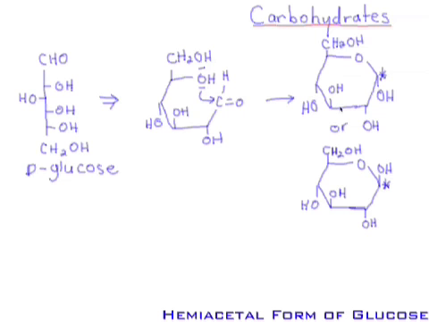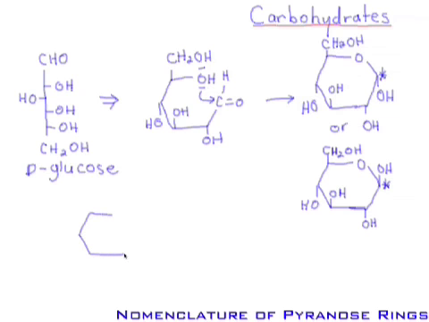Now, one of the problems we have is how are we going to designate this D-glucose molecule? That is, if the open chain Fischer is called D-glucose, what do we call the ring structures? Well, the ring structures are named based on their close relationship to this molecule structurally.